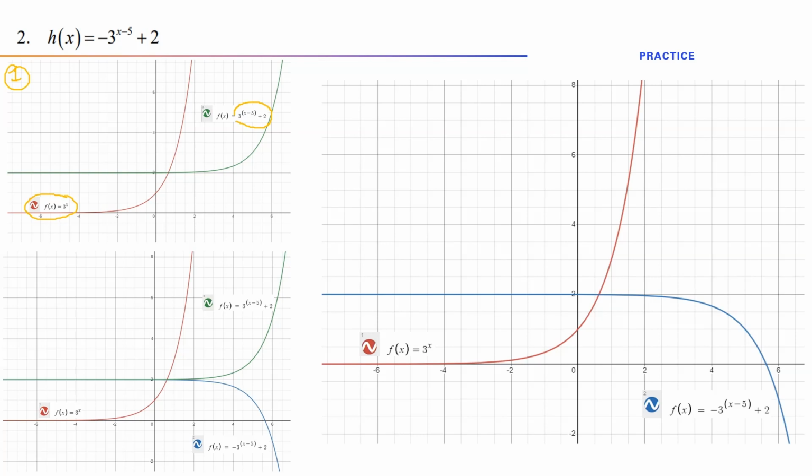And then we flip over the horizontal line y equals 2 to get the negative in front. The third one is the complete graph of the given function.